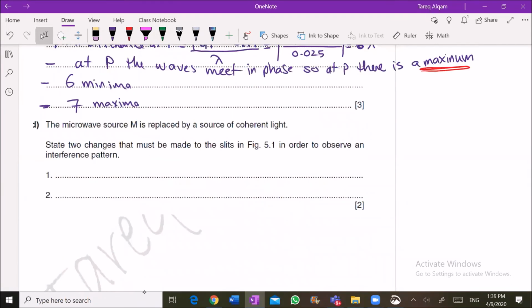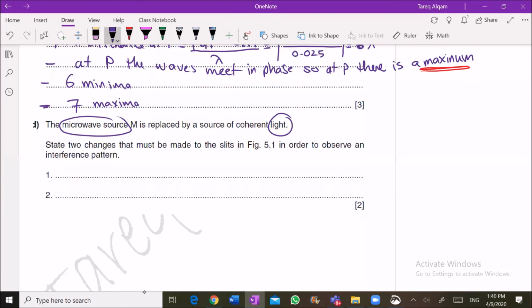Now microwave source M is replaced by a source of coherent light. Focus with me, we removed the microwave source, and the microwave source is replaced by coherent light.